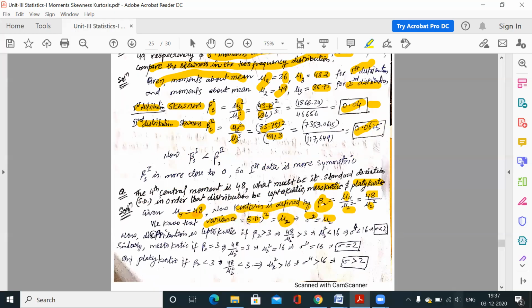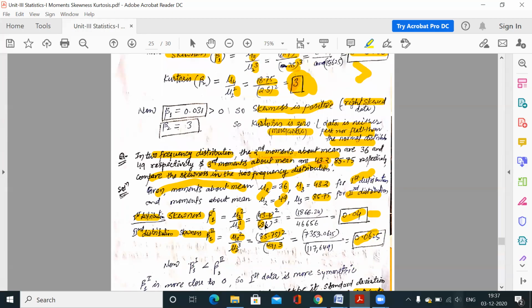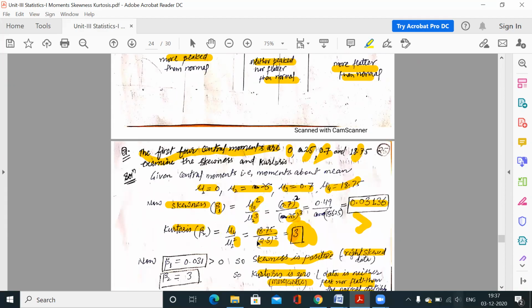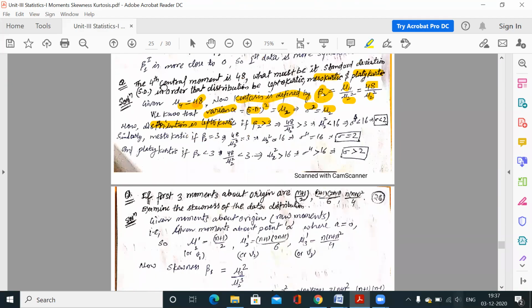Now, any distribution is leptokurtic if beta 2 is greater than 3. We know this from these properties. If beta 2 is greater than 3, then the curve is leptokurtic. So for leptokurtic, the beta 2 value must be greater than 3.